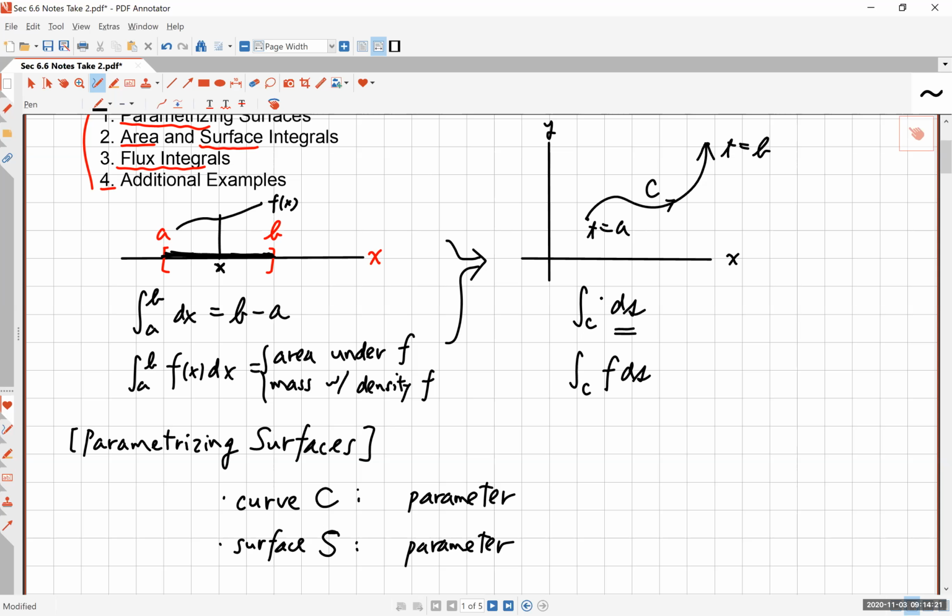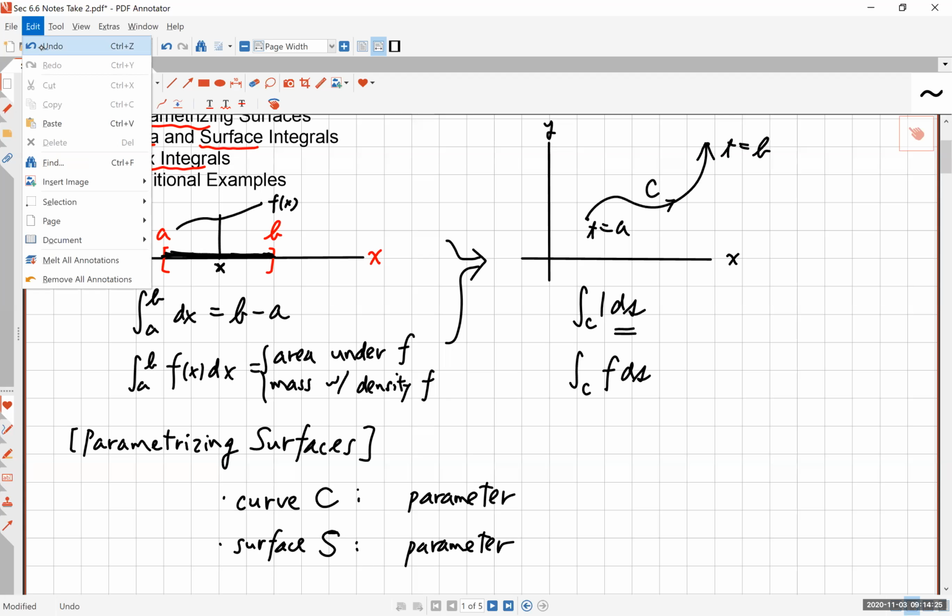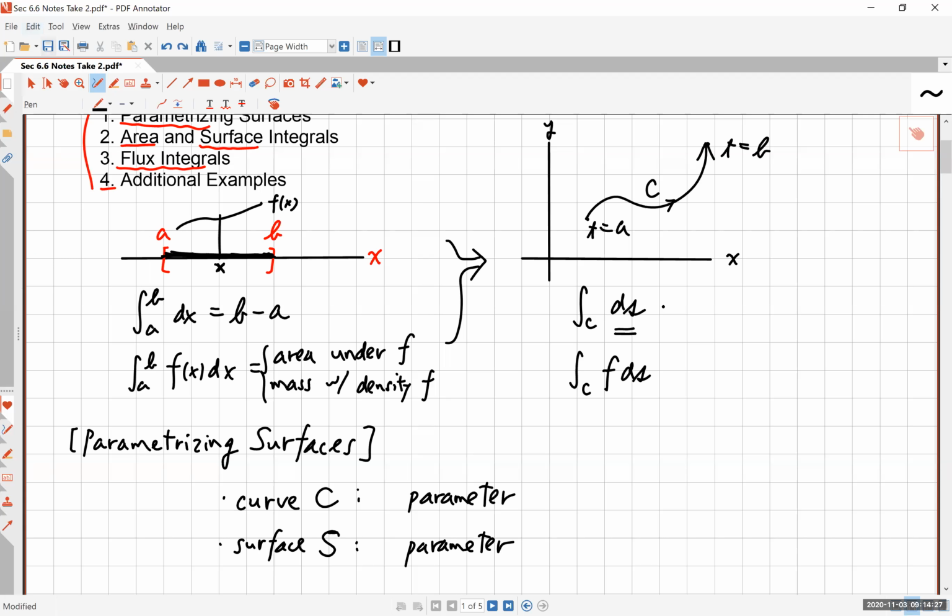Now, if you don't have anything, you can put 1 here, but you don't have to. If the integrand happens to be the constant 1 function, this is just the length of the arc, the arc length of C. How long is this curve C? That's what it answers.